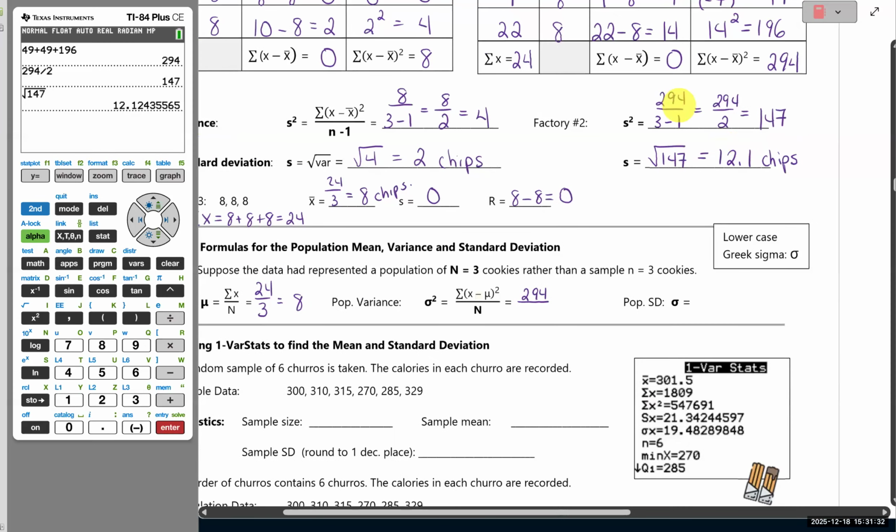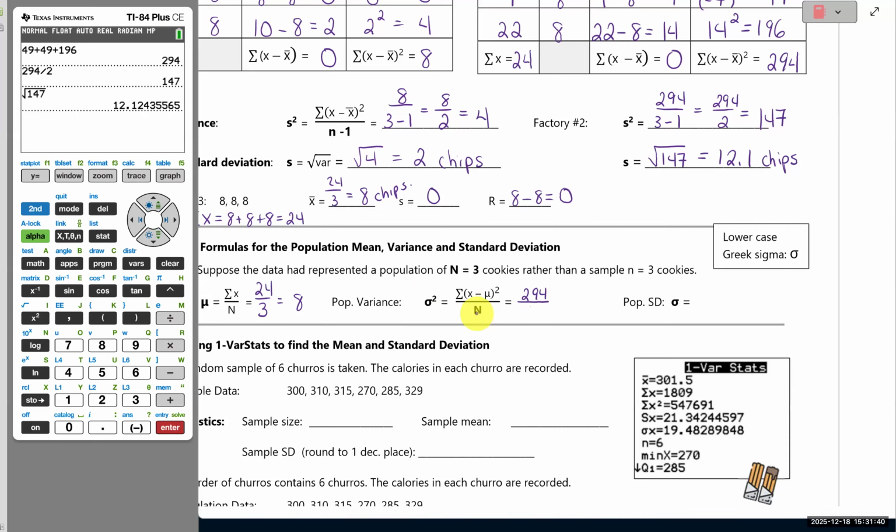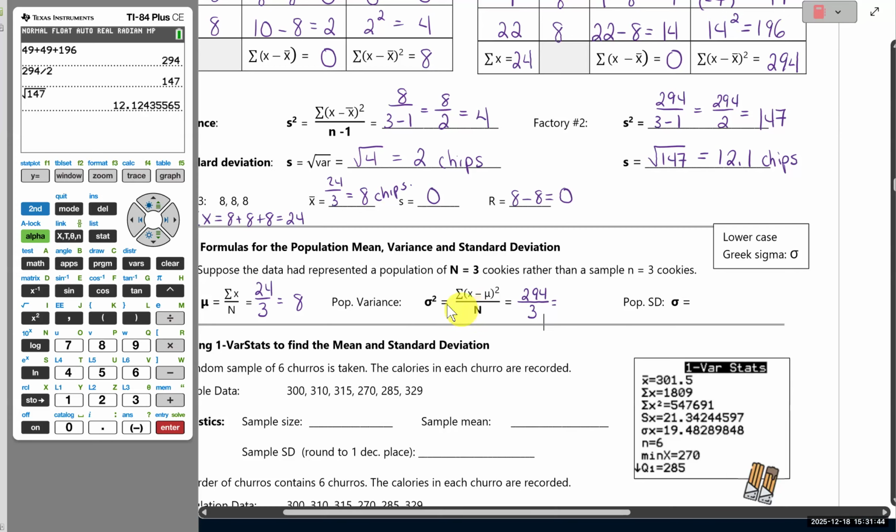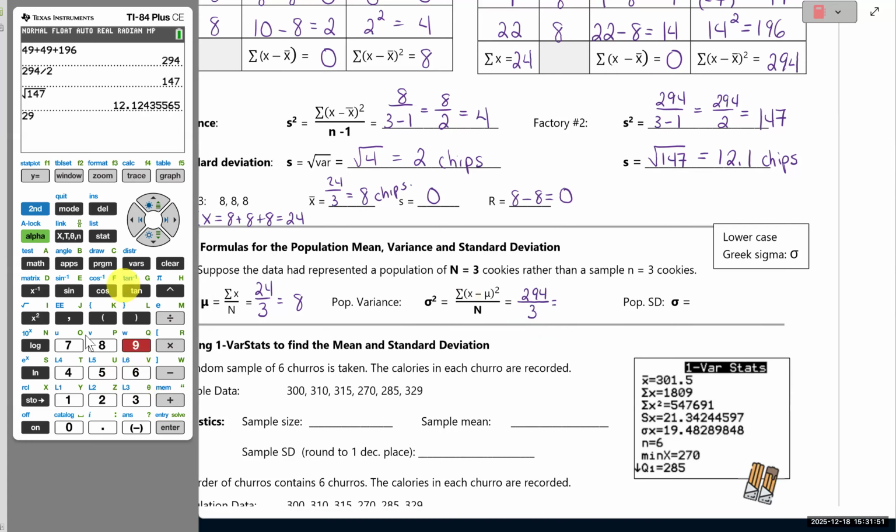With variance, for a sample, we divided by n minus 1, but the variance for population is just N. There's no minus 1. So now, not only do we have a different symbol, sigma squared instead of s squared, numerically, we're going to get a different answer. So 294 divided by 3 is 98.